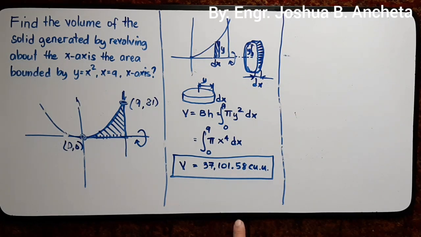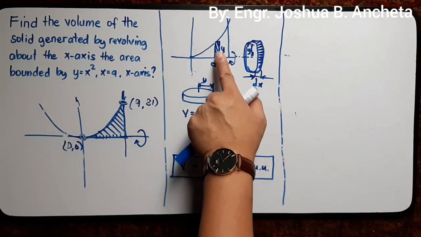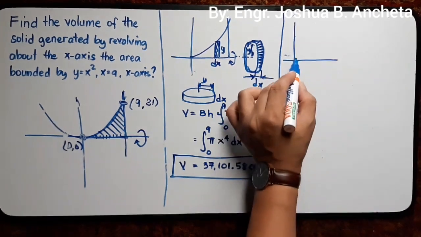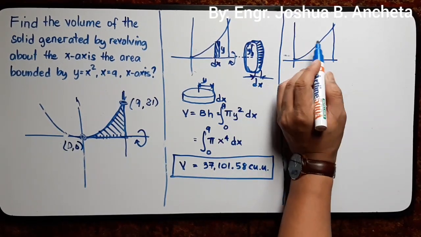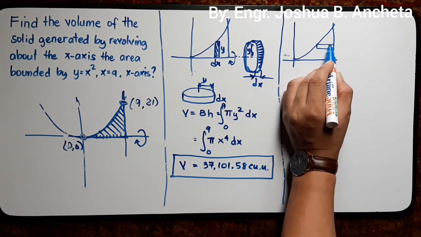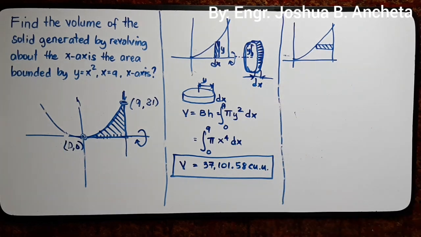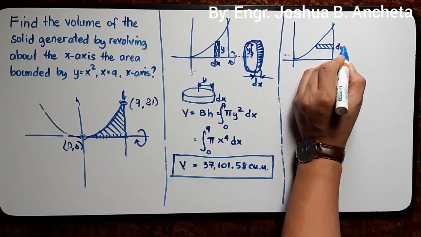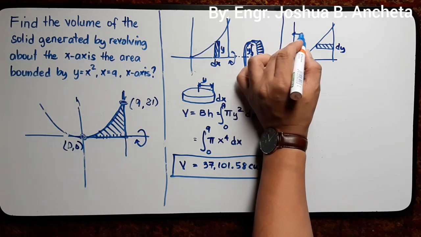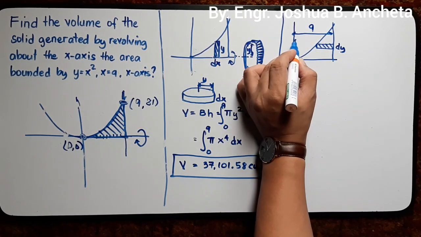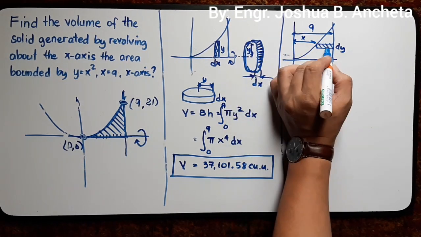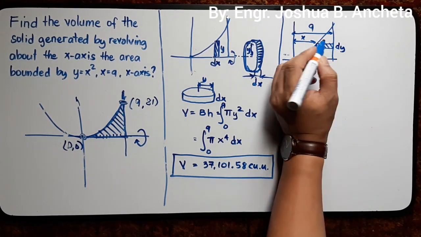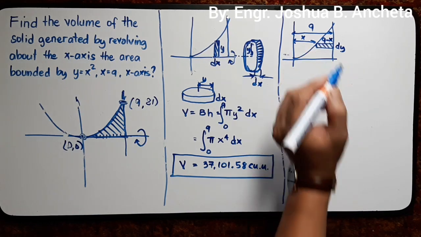Now let us solve the volume using the horizontal strip. Let us illustrate the horizontal strip. This is our horizontal strip. This shorter side is dy. This is equivalent to 9. This is x. Therefore, the longer side of the strip is 9 minus x.